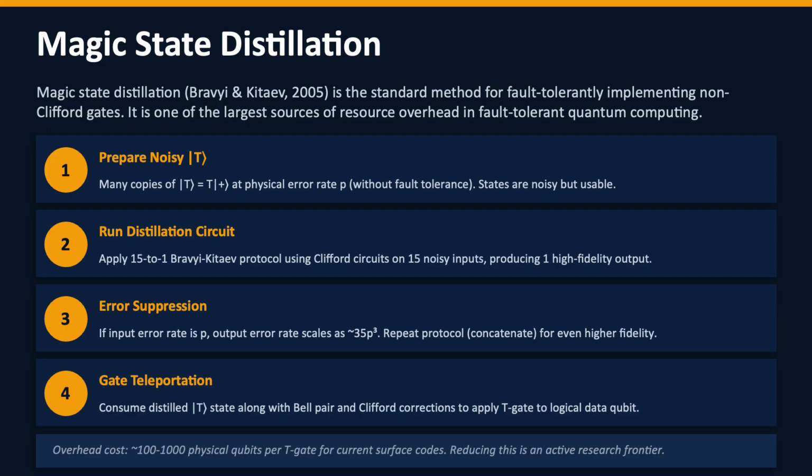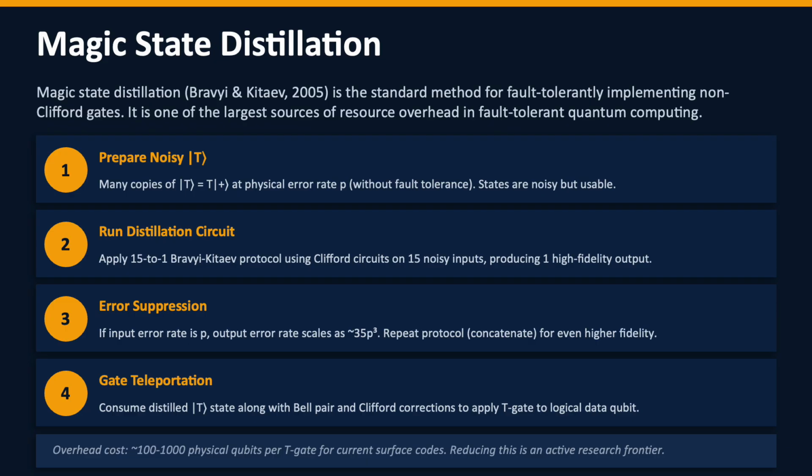The errors in the output are dramatically smaller than the errors in the inputs. The error shrinks much faster than the number of input copies consumed. By running the distillation process multiple times, feeding the outputs of one round as inputs to the next, you can achieve arbitrarily high fidelity magic states.